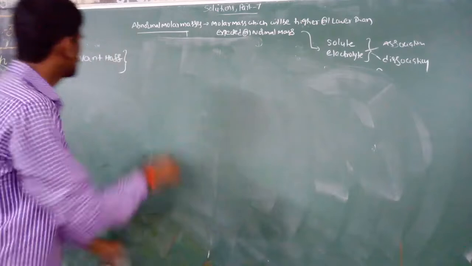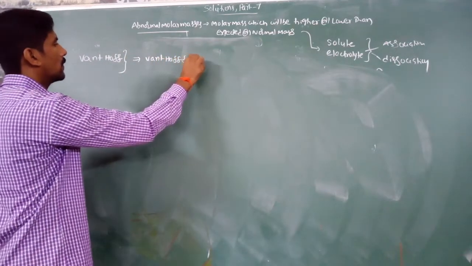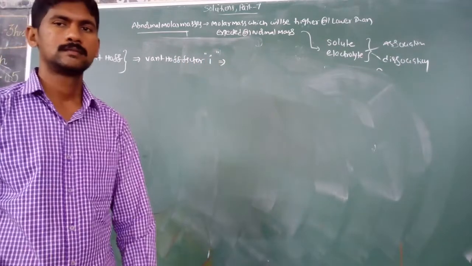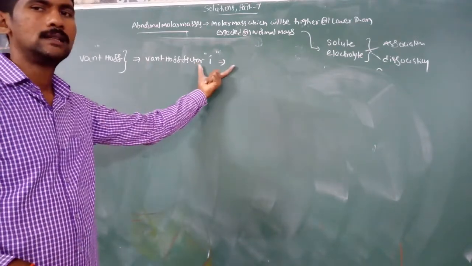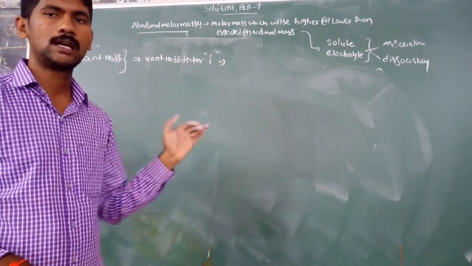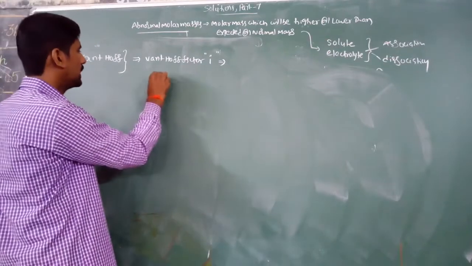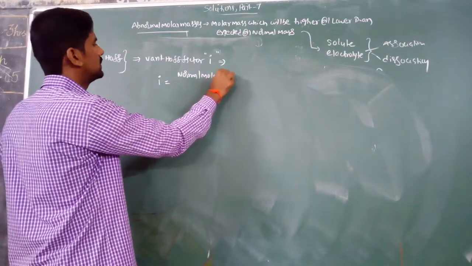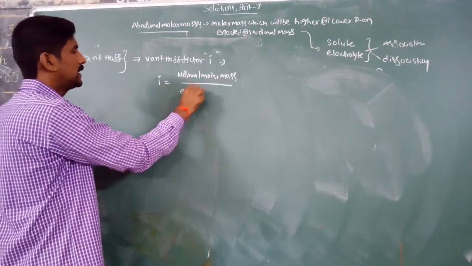So Van 't Hoff introduced a factor i for these deviations in molar mass, due to association or dissociation of solute.